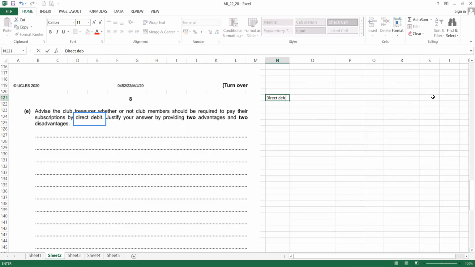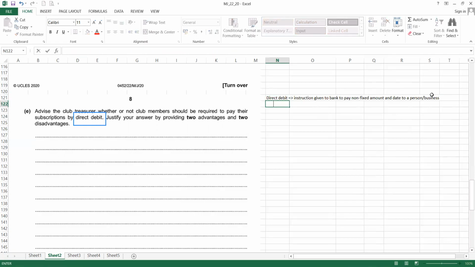Direct debit: instruction given to bank to pay non-fixed amount and date to a person or business.